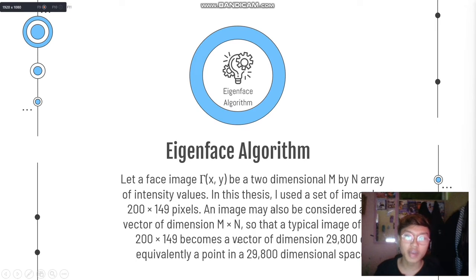In this thesis, I used a set of images of 200 by 149 pixels, and an image may also be considered as a vector of dimension MN, so that a typical image of size 200 by 149 becomes a vector of dimension, or equivalently a point in a high-dimensional space.